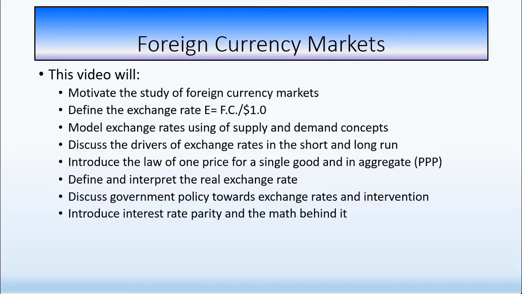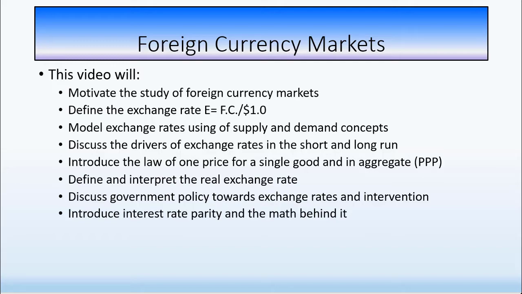We'll start off by defining the exchange rate, which we'll define as E, and it's the number of foreign currency units per $1. We'll talk about that a little more in depth. We'll talk about supply and demand modeling issues, which will help us better understand currency markets. We'll discuss the drivers of exchange rates in the short run and the long run.